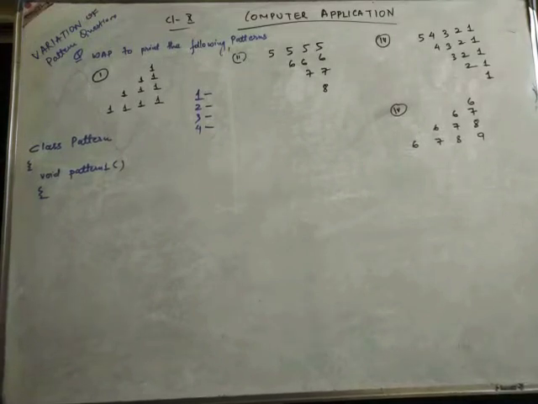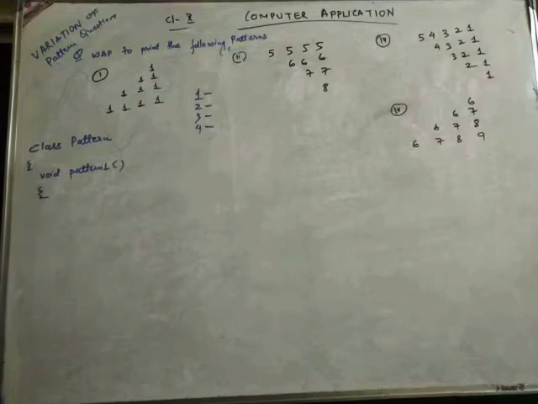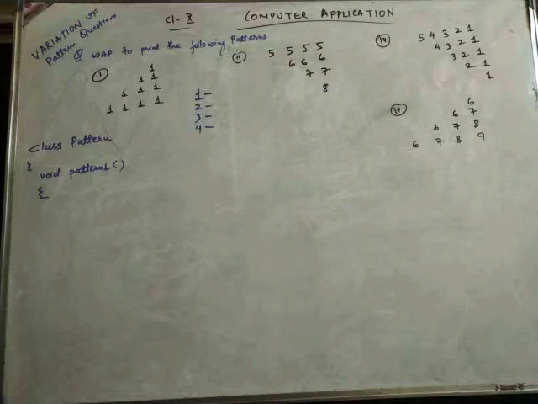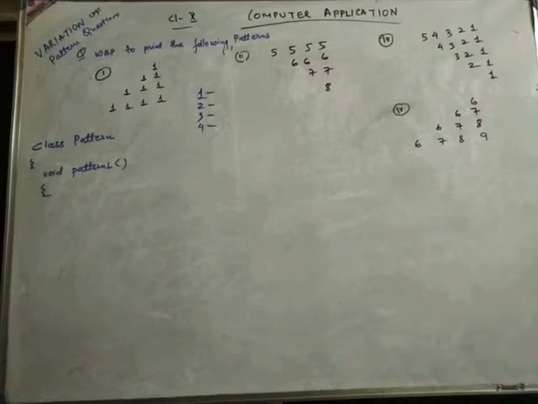We have to see how many times I have to print. If I need to print one time, then the first value I will write is of the first column. So if you see, we have to print one time only in the first line, so I'll write 1 in the right column.